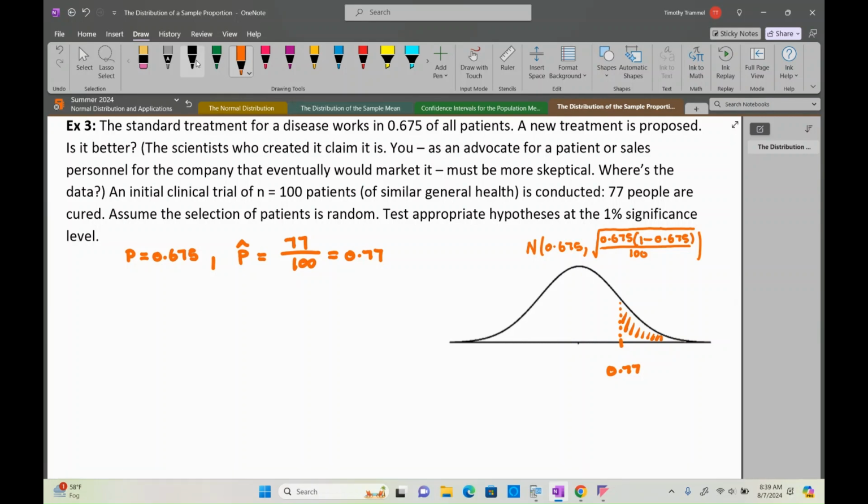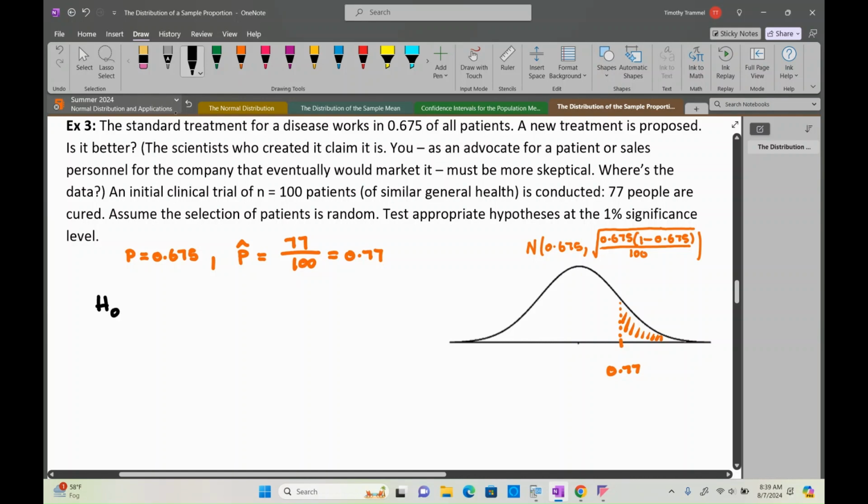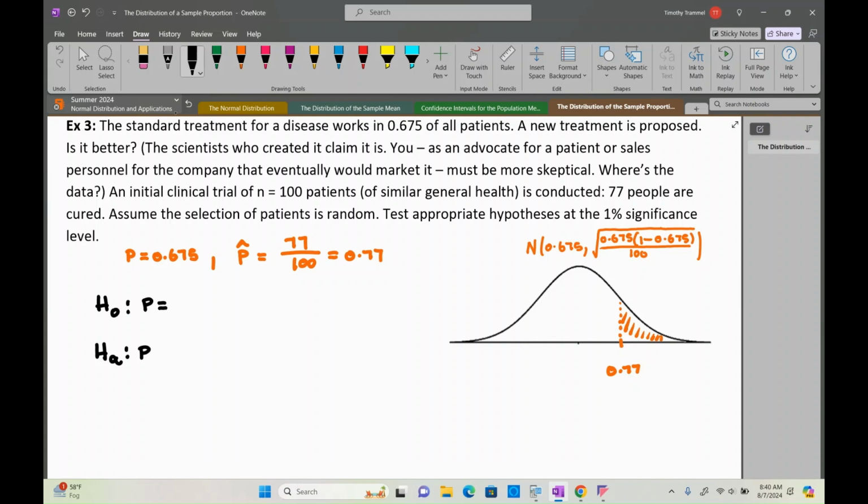Now, I actually have skipped a couple steps here. Let's jump back for a second, and we're going to write in our null and our alternative hypothesis. When we write our null, remember it used to be the population mean that we would write here. But now you're going to write the population proportion, which is just P. And just like before, the null should always be P equals some number, and the alternative will be P is greater than, less than, or not equal to that same number.